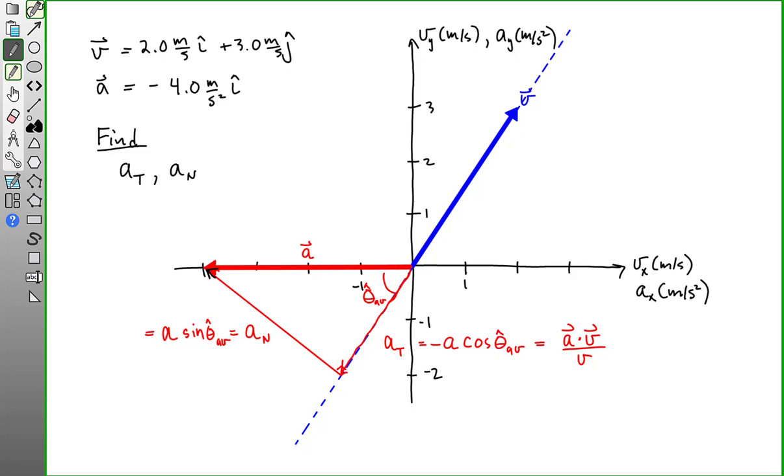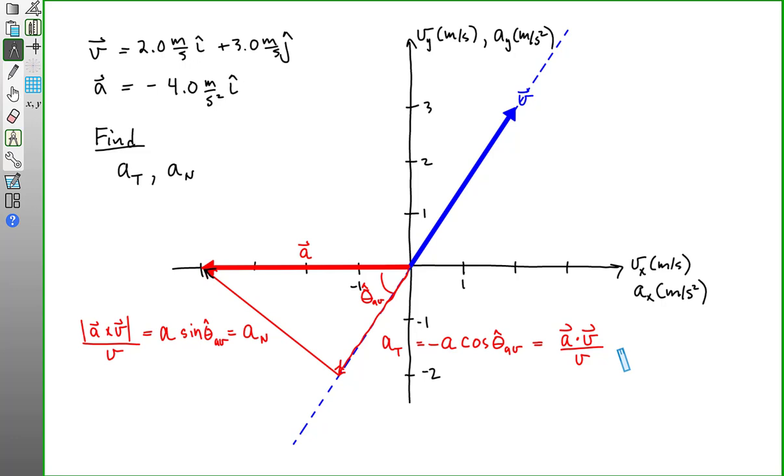Now, we also happen to know, based off of what we've done previously, that this is equivalent to the magnitude of the cross product between the acceleration and the velocity over the speed of the object. So we now have two expressions that can help us find the tangential component of acceleration and the normal component of acceleration.